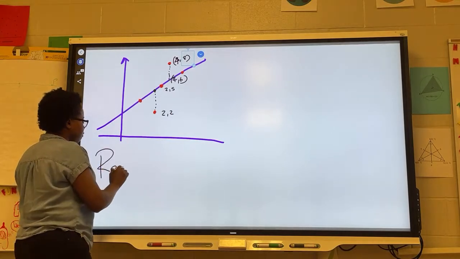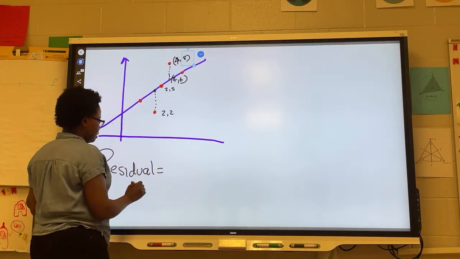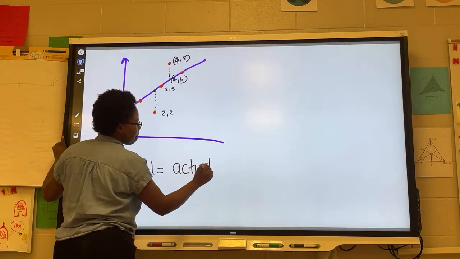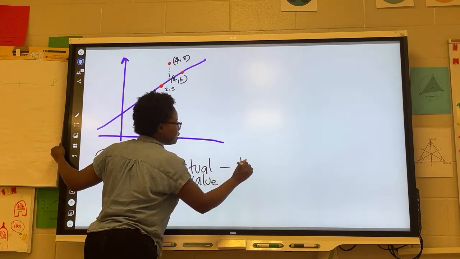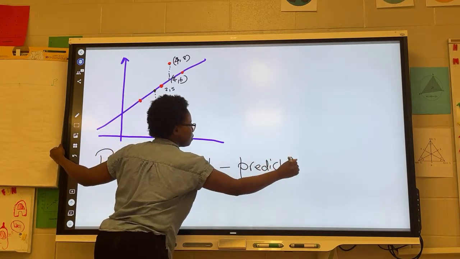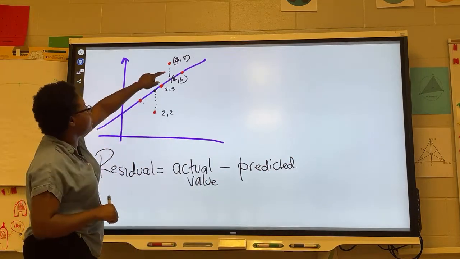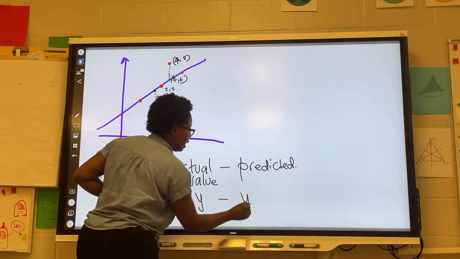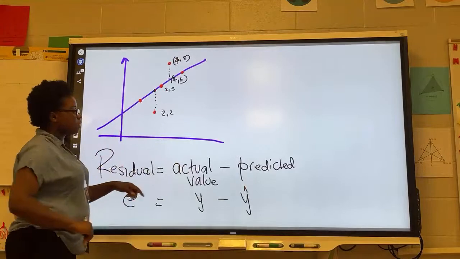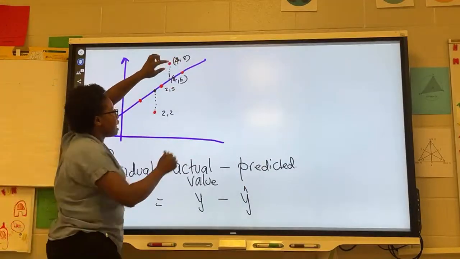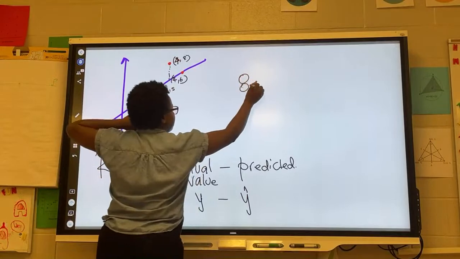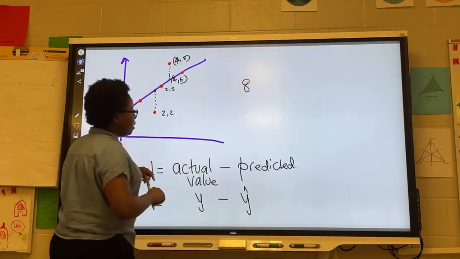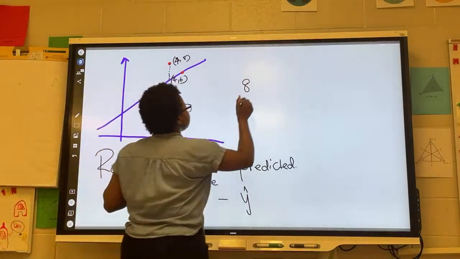A formula we use to find the residual is the actual value minus the predicted value. So for example, for this one, the actual value was 8 for the y, so it's y minus y hat, and that's E. The actual value was 8, but the model predicted it to be 6.